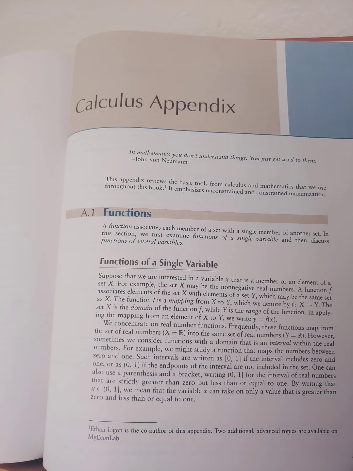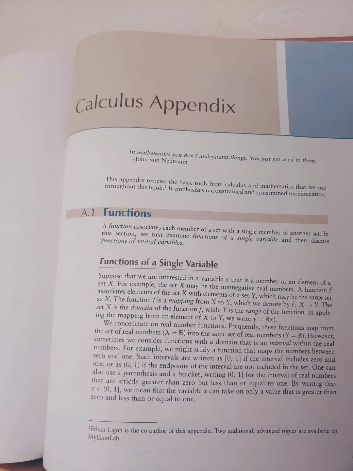Such intervals are written as open bracket 0, 1 close bracket if the interval includes 0 and 1, or as open parentheses 0, 1 close parentheses if the endpoints of the interval are not included in the set.